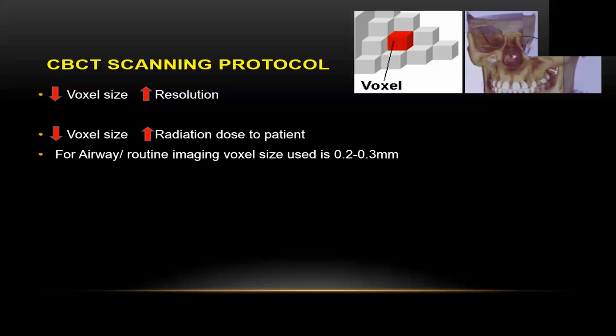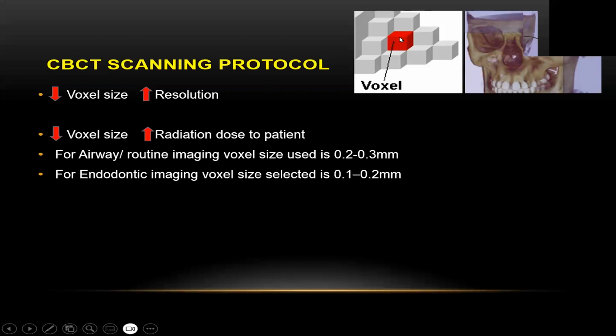So for airway or routine imaging, if you're just doing implant imaging or airway imaging, the dimension of this cube is adequate if you select a 0.2 or 0.3 millimeter setting on your machine. But if we were looking for a missed canal, or a root fracture, you will have to select this dimension closer to 1/10 of a millimeter, which will be about 10 microns or 0.1 millimeters.